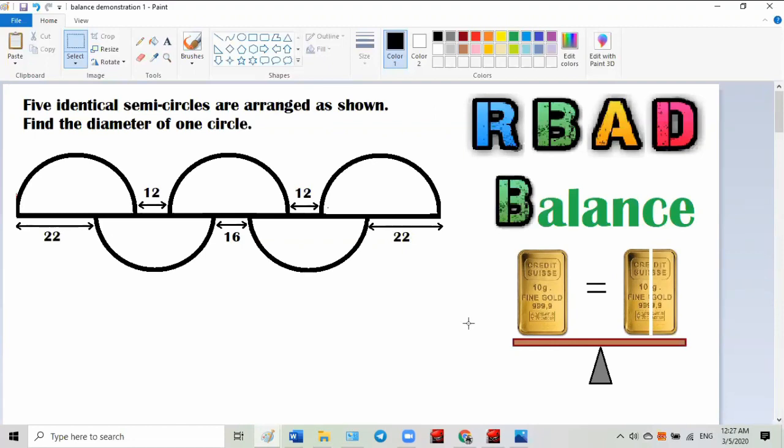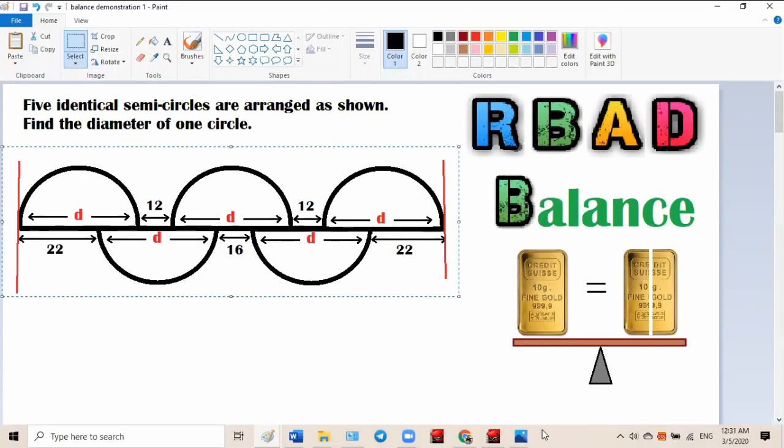Should the students have known of my balance concept in maths? The question says, five identical semicircles are arranged as shown. Find the diameter of one circle. Let me quickly move another picture in to show you what they mean.